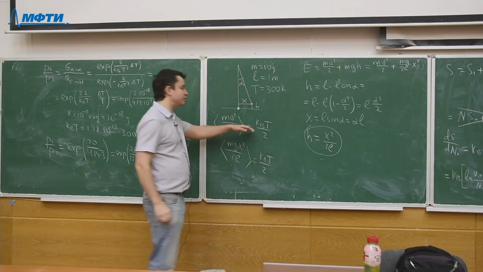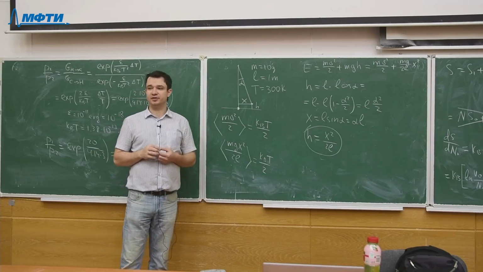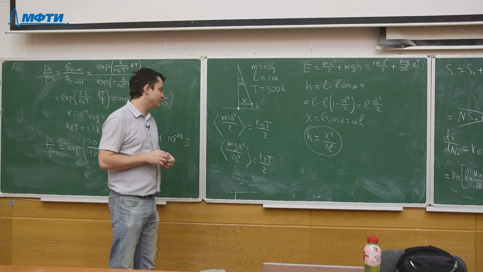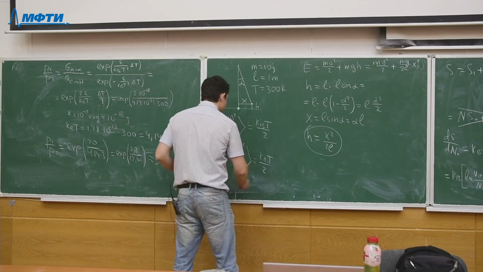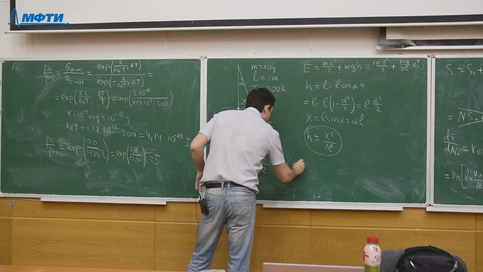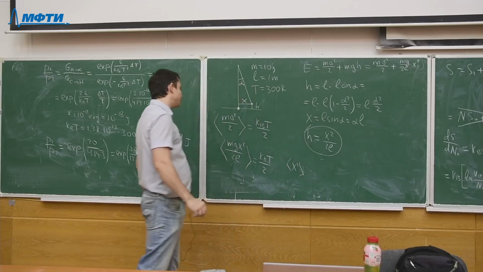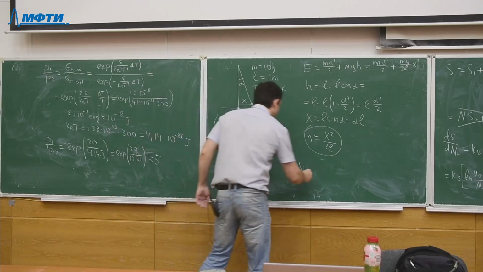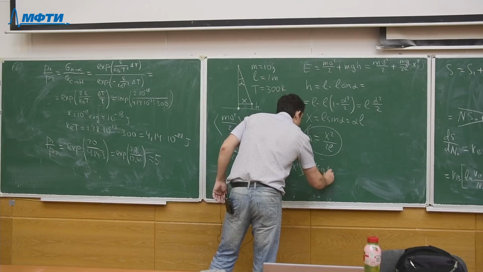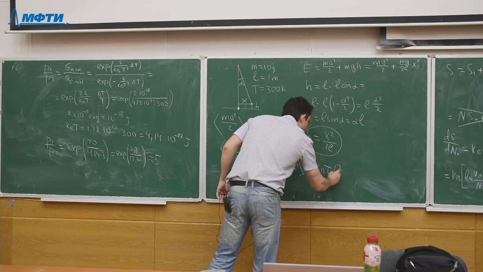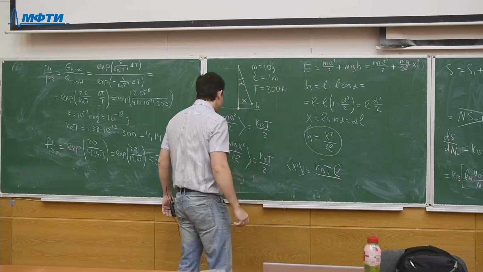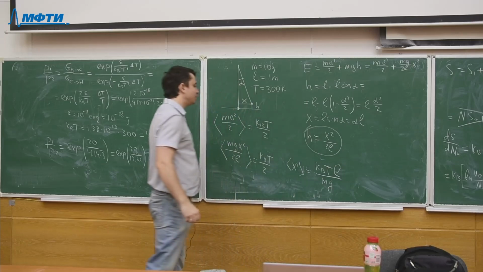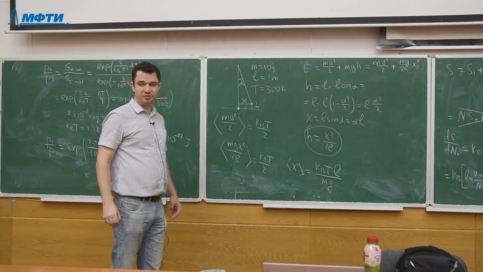Of course, the first one is not relevant for our calculations, but our final result should be obtained from the second equation. That gives us that the average of the deviation from the equilibrium position squared is equal to kBT times L over mg.